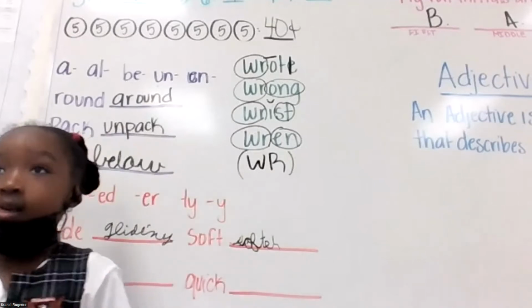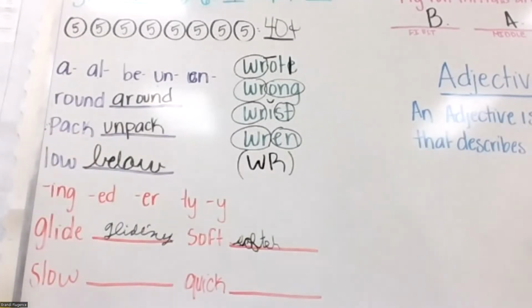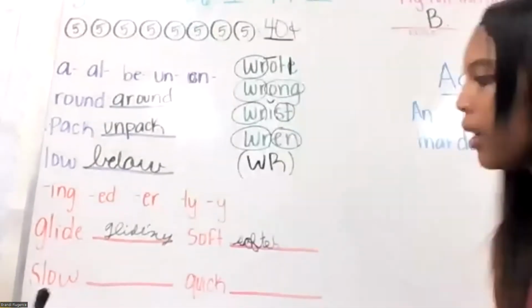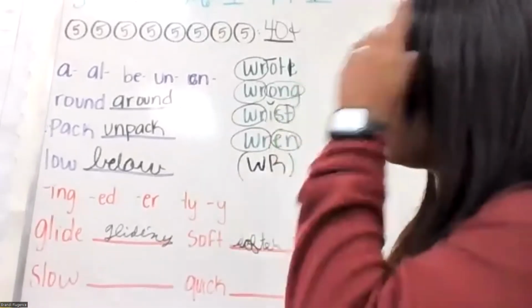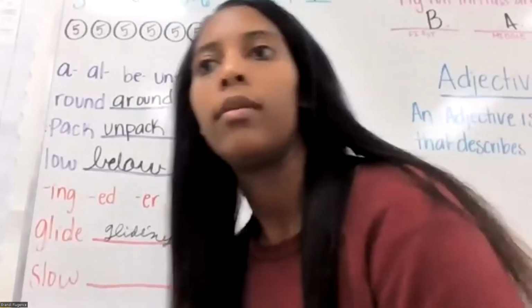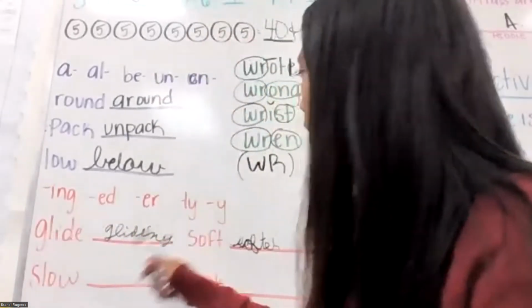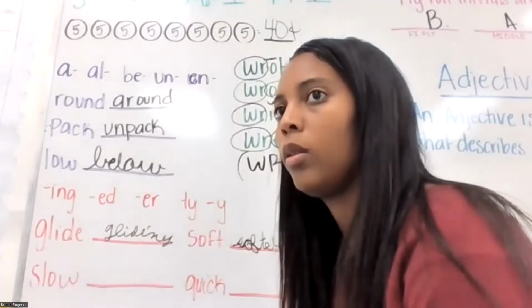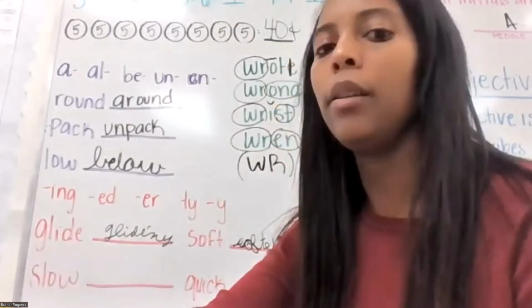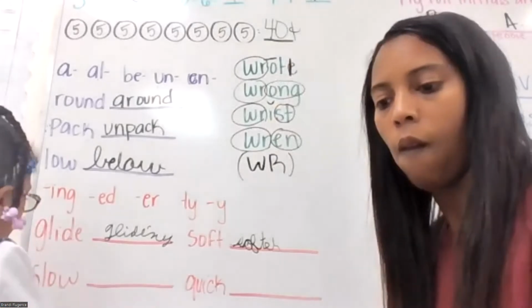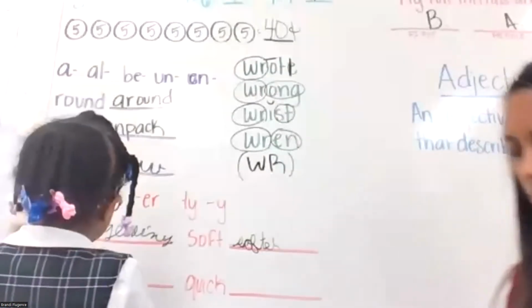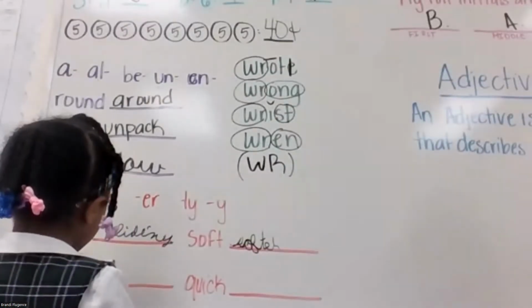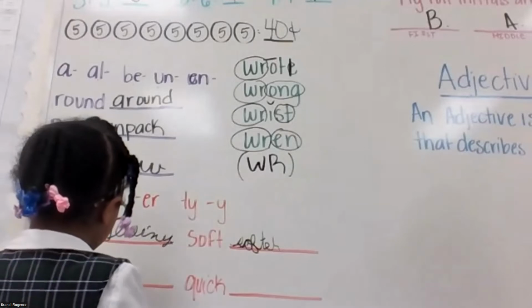All right, next we have slow. What suffix can I add for slow? Slowed. Slowed, ed. Wait. I found a clue word on the chart.